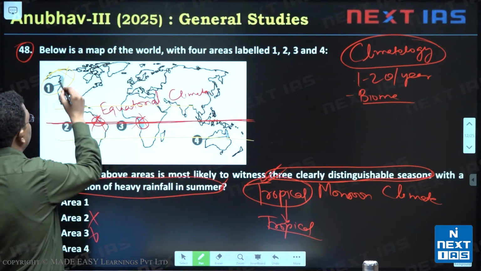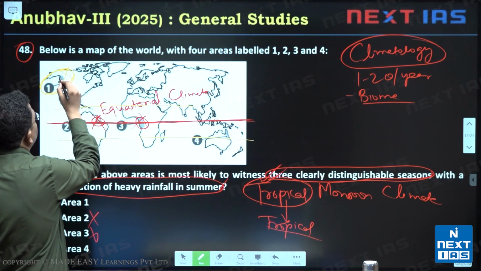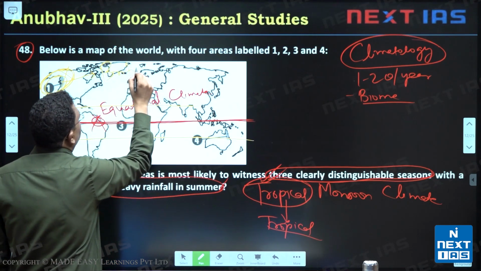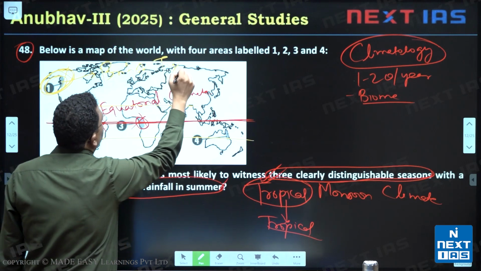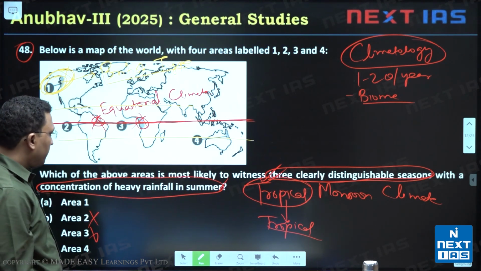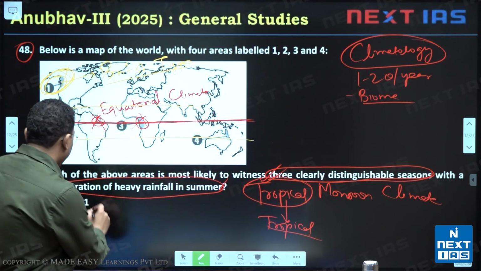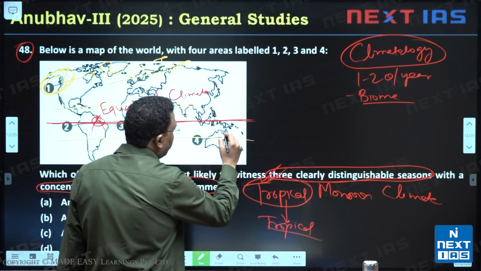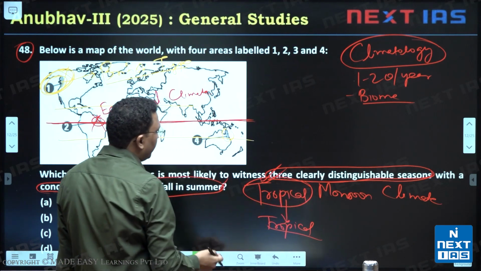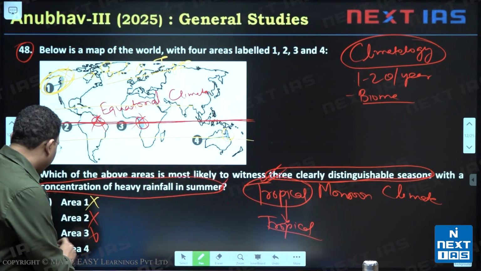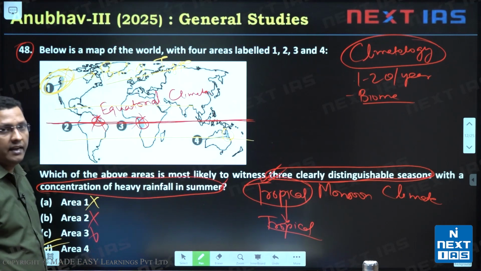In fact, if you see the map, this area 1 will have basically British type climate, not tropical monsoon climate. So area 1 is also not correct. There is only one area left, that is 4, that is lying in tropical region, that will have tropical monsoon climate, right? So the correct answer here is D, area 4.